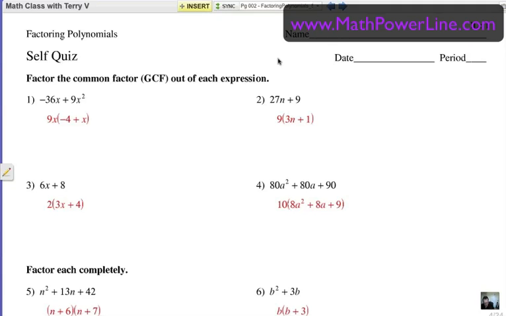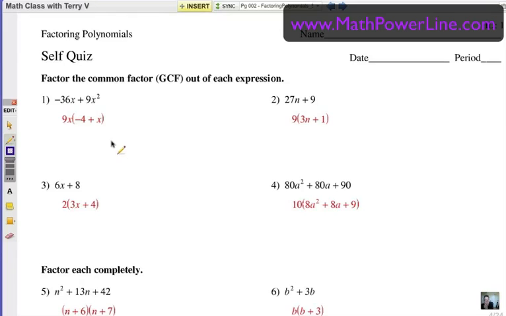In this first one, as you can see, the GCF is 9x. So you can take a 9 and an x out of each term. Notice how the first term there would be -4. And when you divide 9x by 9x squared, it leaves you with an x. Number 2 is 9, the greatest common factor there on the outside, leaving inside 3n plus 1.